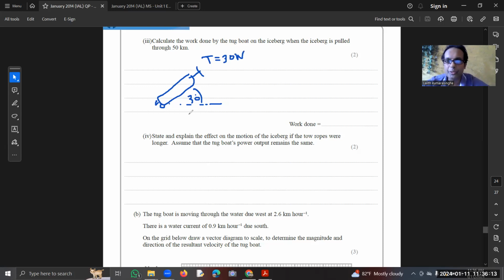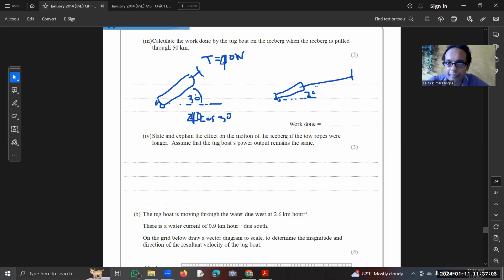Then the horizontal component is, we'll make it different, 40 cos 30. Now we say the handle became long. Of course, when the handle becomes long, the angle will become smaller. More horizontal component of the force. If there was acceleration there, it will be higher acceleration than that.